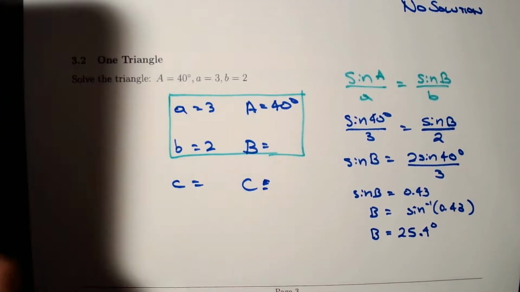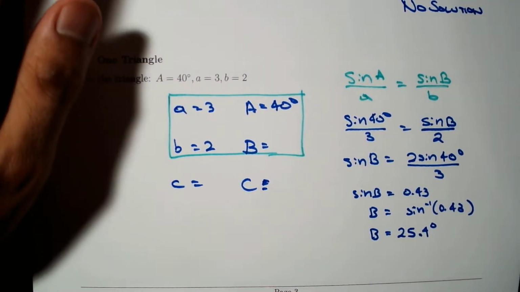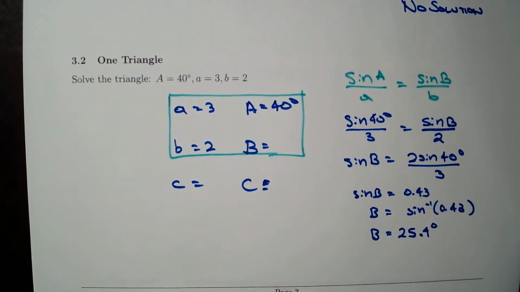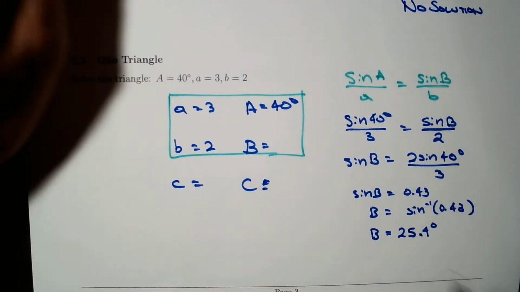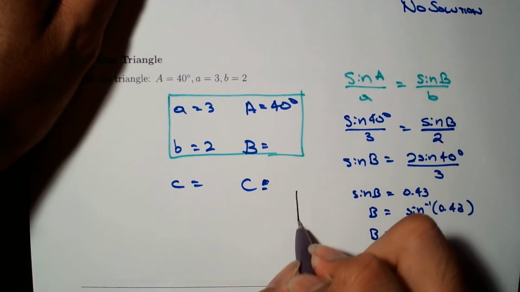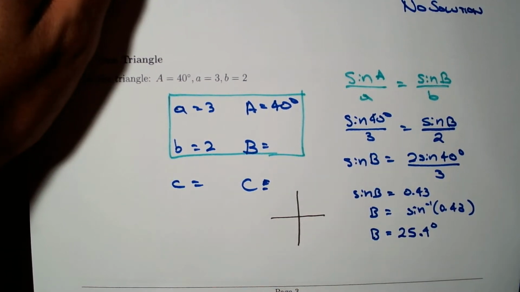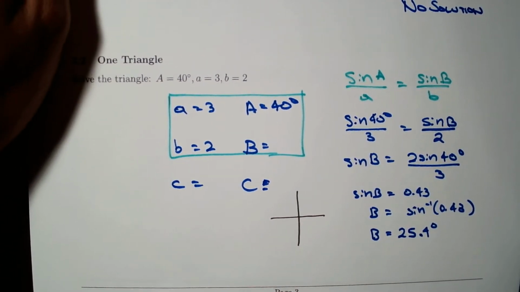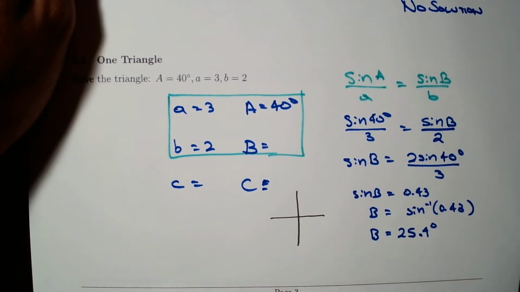But there's something that we need to keep in mind: sine is positive in two quadrants. So there are two angles that have a sine of 0.43.